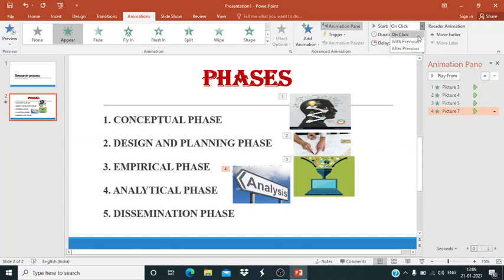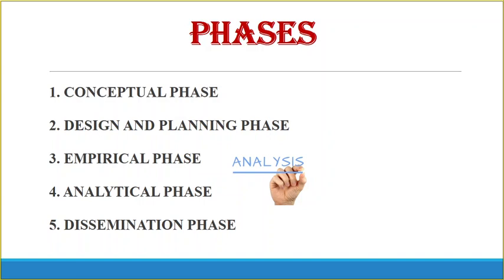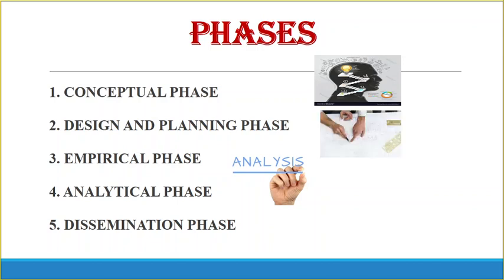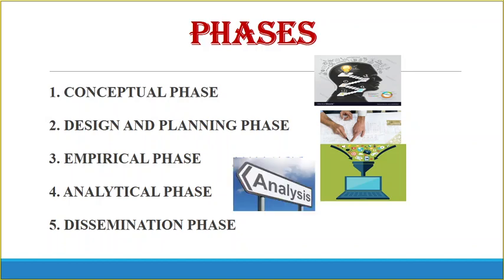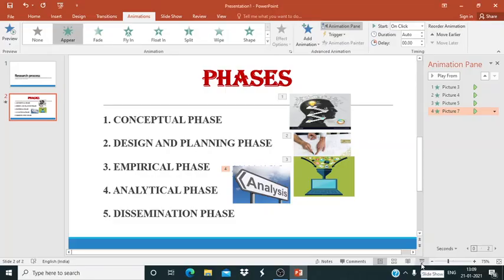I'll show you an example for both. I'm making it here as on click. Let us see how the animation looks. So this is how it is. When I explain the conceptual phase, I give a picture of that. When I explain the design and planning phase, I give a picture, then the empirical phase, the analytical phase. That is how the animation looks.